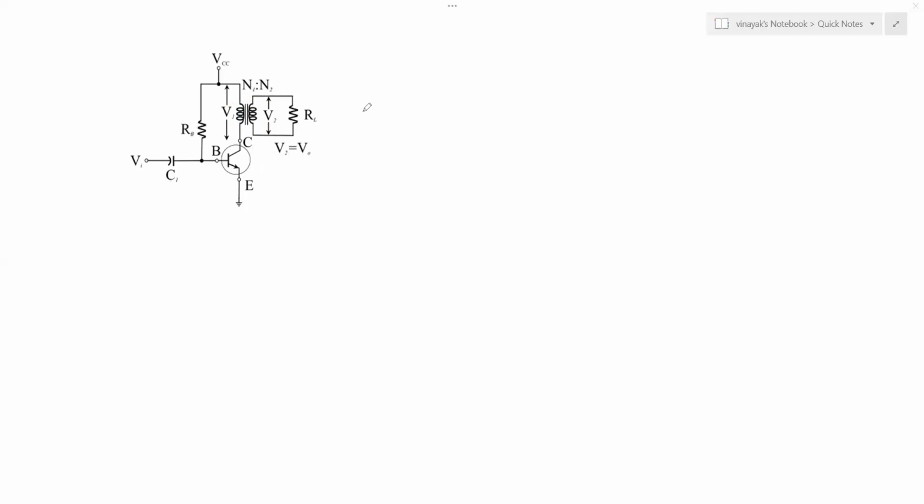In an active mode of operation, the transistor has the IV characteristics, where I is the output current, IC, and V is the output voltage across the collector to emitter. And we bias the transistor in a linear mode of operation.